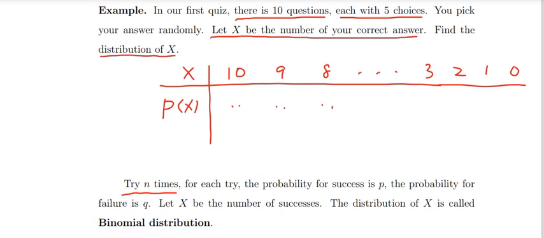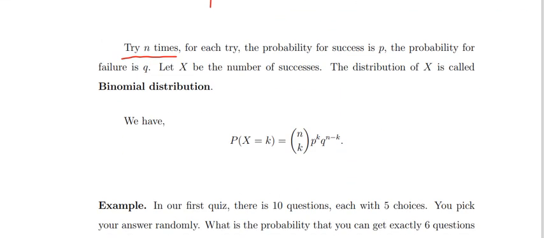So we consider the general scenario: we try n times, and for each try we have 2 outcomes. You can succeed or you can fail. The probability of success is p, and of not success is q.